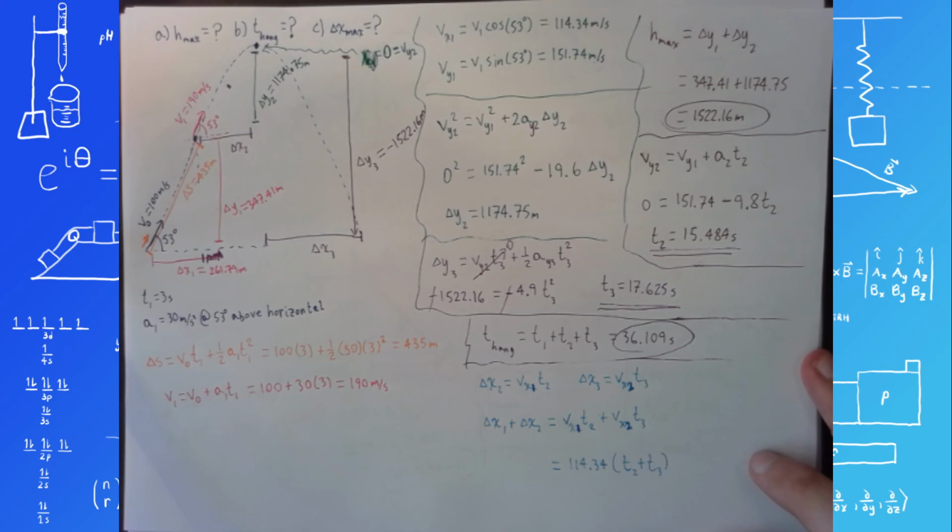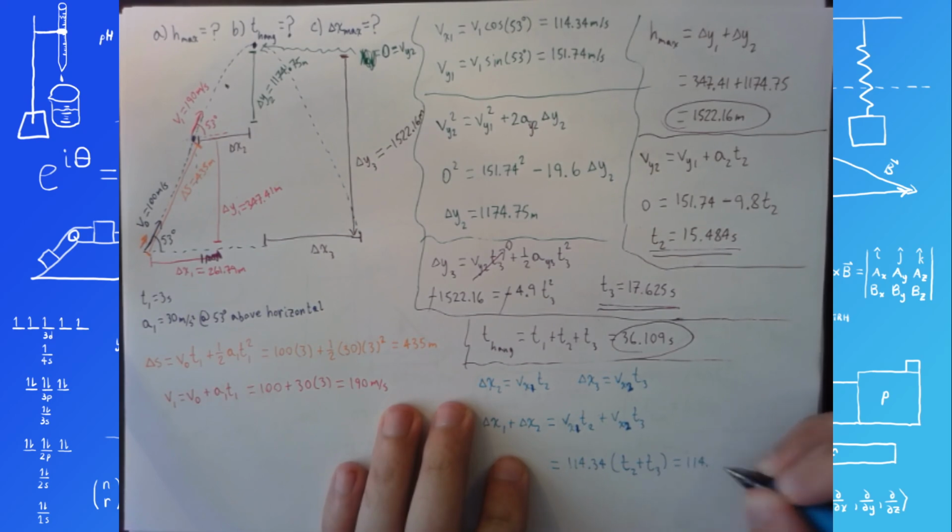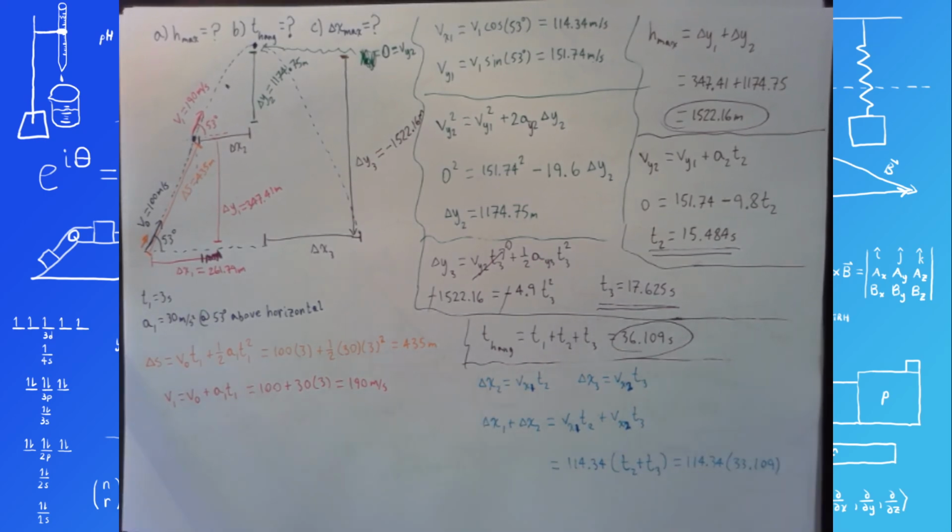T2 plus T3 is just 33.109, so this is just 114.34 times 33.109 seconds. And that gives me 114.34 times 33.109 is 3785.68.